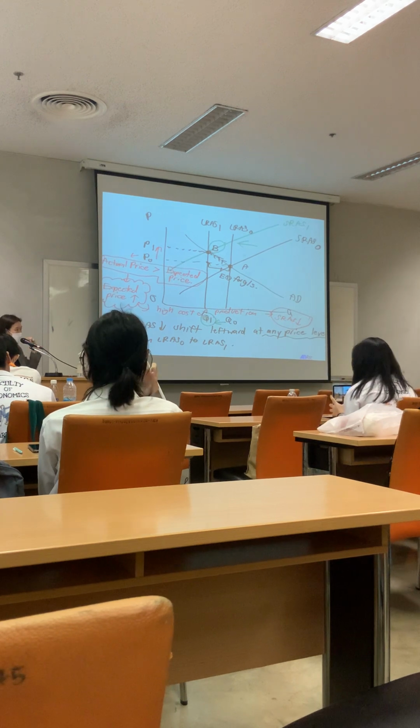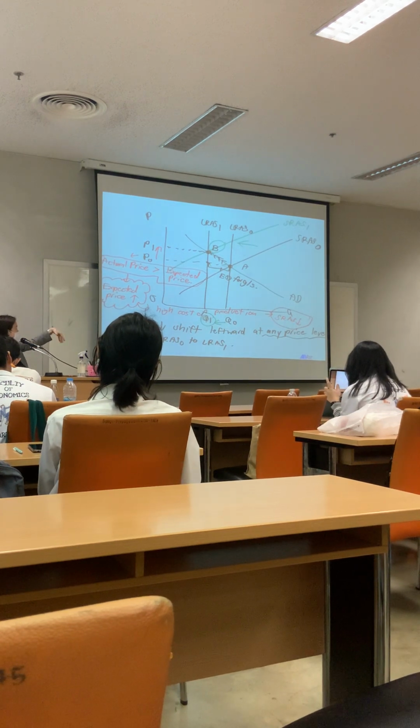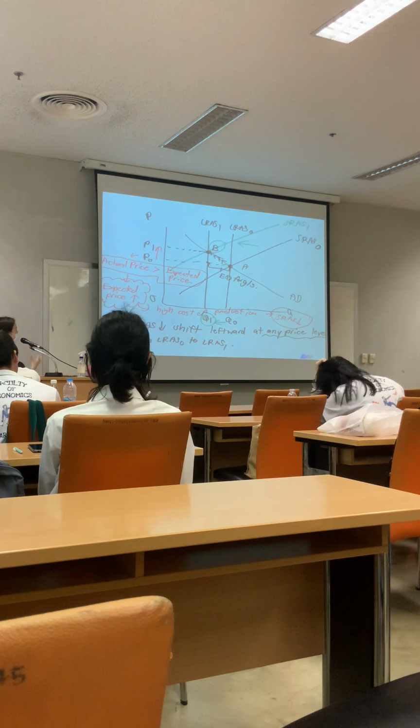But when the short run AS curve shifts first, you will not have this case, because you still receive the same full employment equilibrium, while here there is a new full employment equilibrium.